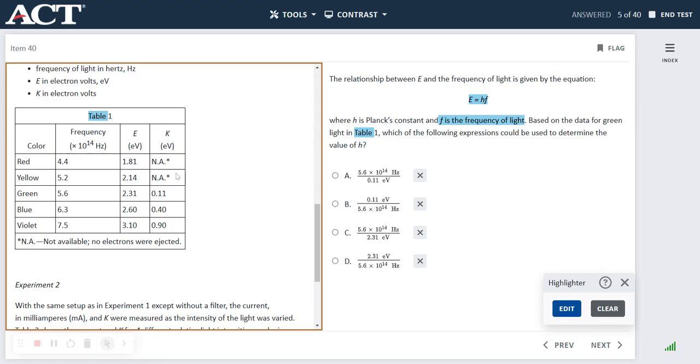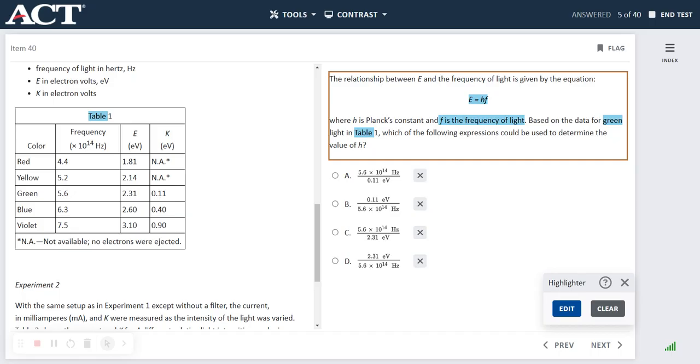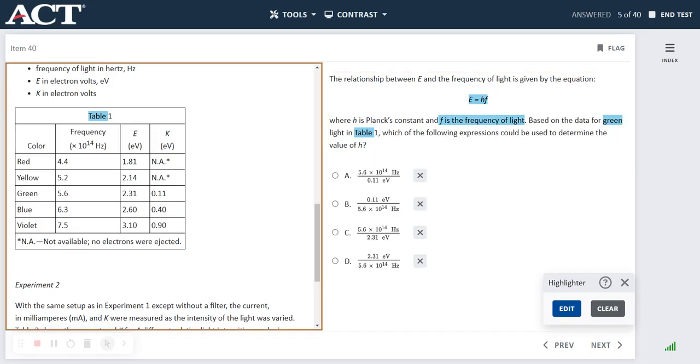Okay, so we have E. Which one are we using? Oh, for green. Here we go, green. That helps. We have the E is 2.31, so we need that somewhere. It looks like the only one that has 2.31 in it is C. I don't think the others have it in there.